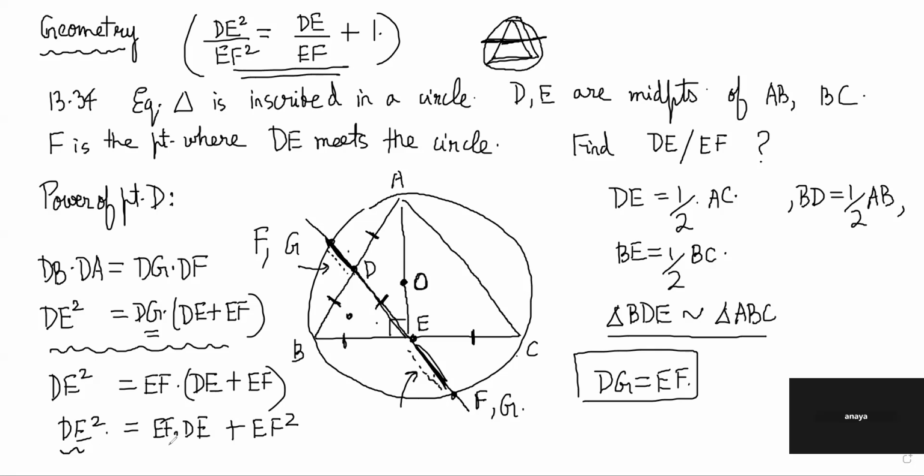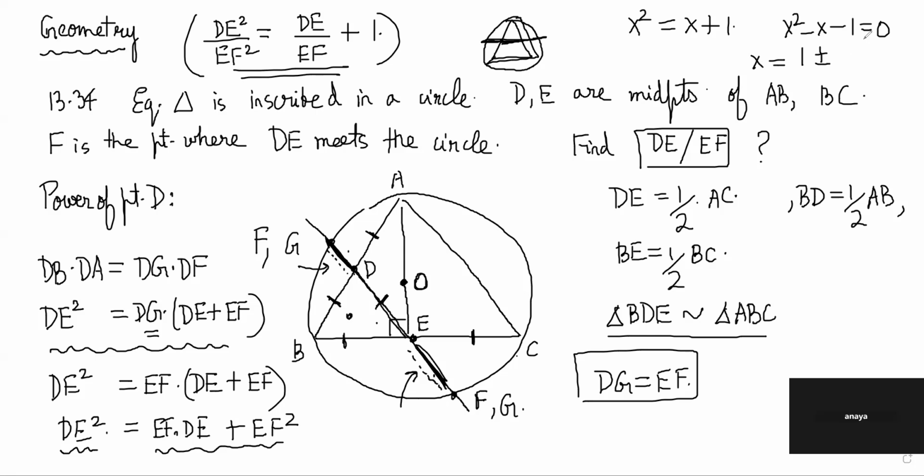Our job was to find this ratio. We can call this ratio x and you get the equation x square is equal to x plus 1. So x square minus x minus 1 is 0, and you solve this using the quadratic formula. x comes out to be 1 plus minus root 5 by 2.